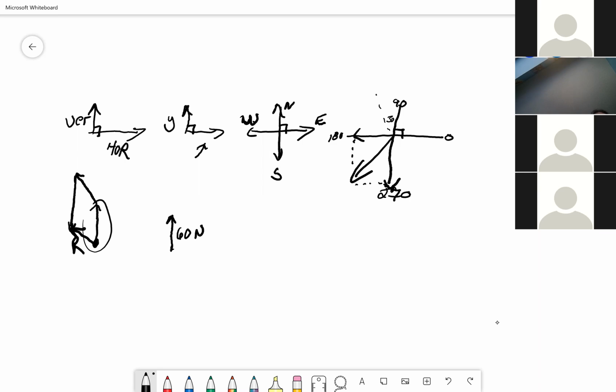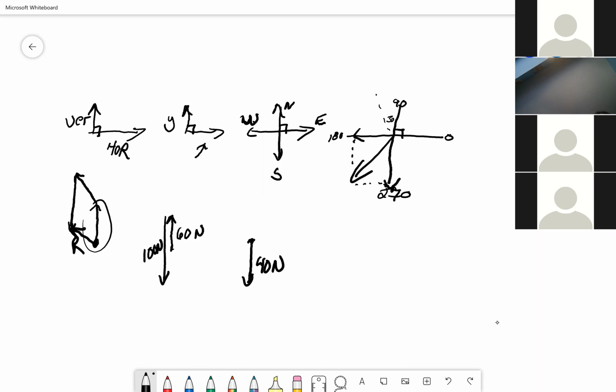The 100 newtons is down that way, and it's all in the 90 to 270 line, except that it's down. So you're going to end up with 40 newtons down, right? 60 minus 100 means you have 40 newtons down.